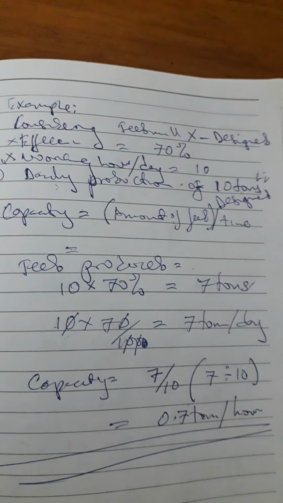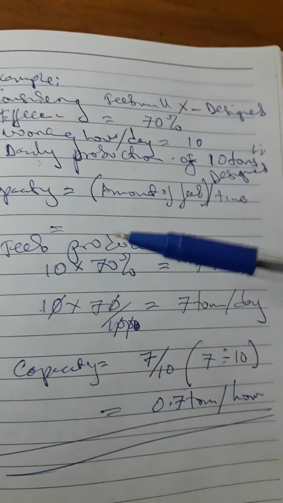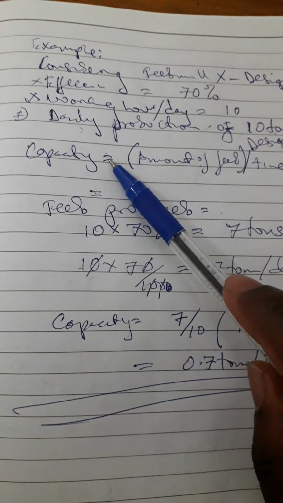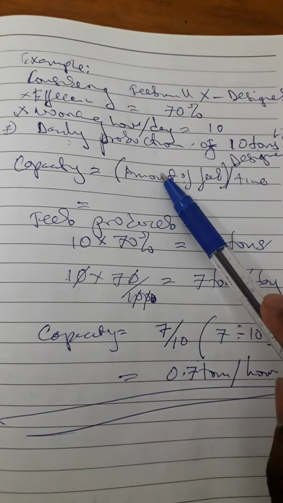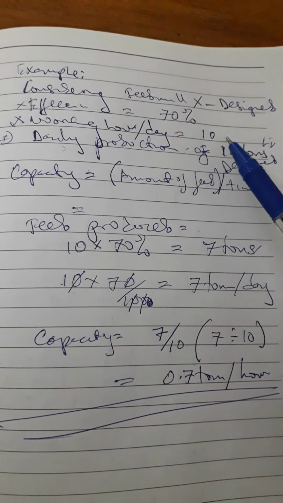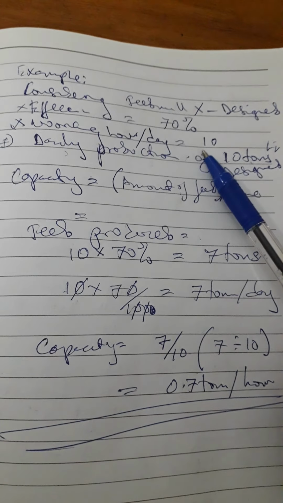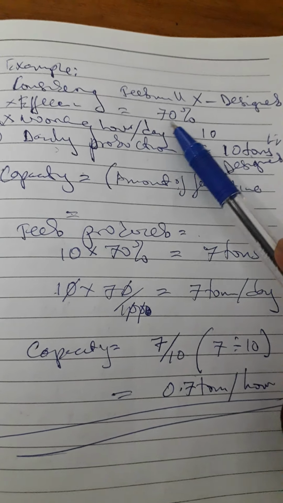We've been given 10 tons as the intended production, 10 hours, and 70% as the feedmill efficiency.